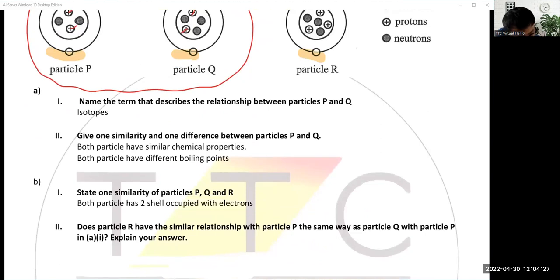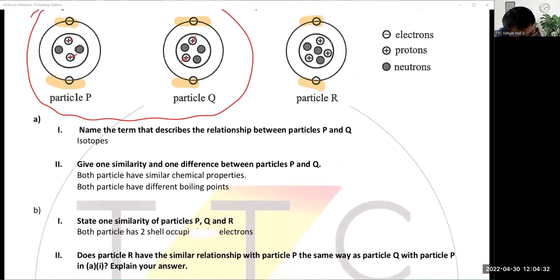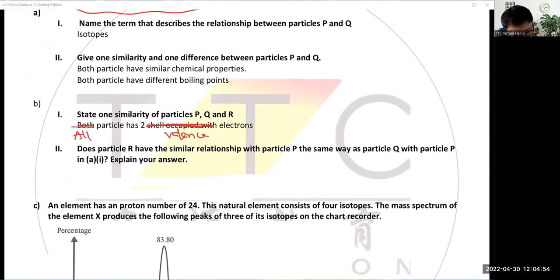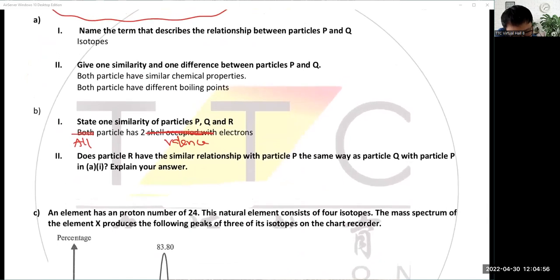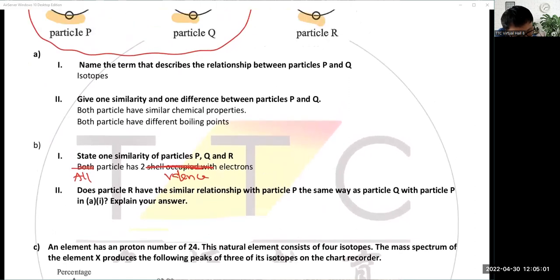2 valence electrons. Okay, then after that, does particle R have a similar relationship with P, that reacts the same way as P and Q in A1?